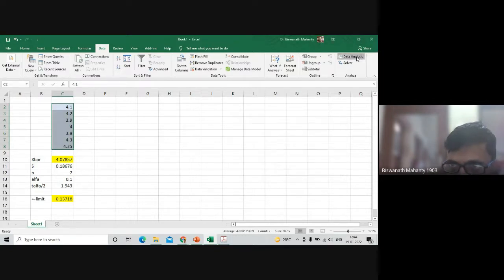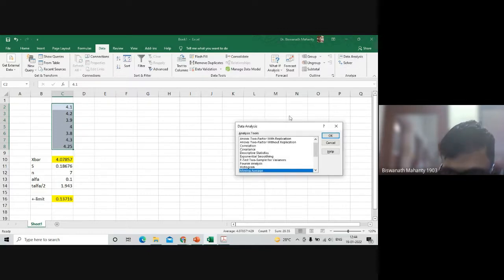Just a second. Or yeah, we can use this one. Data analysis we are using for descriptive statistics. No. Moving average, no. Random number, rank and percentile, regression, sampling, paired two sample, no. I can use this, but let me see.